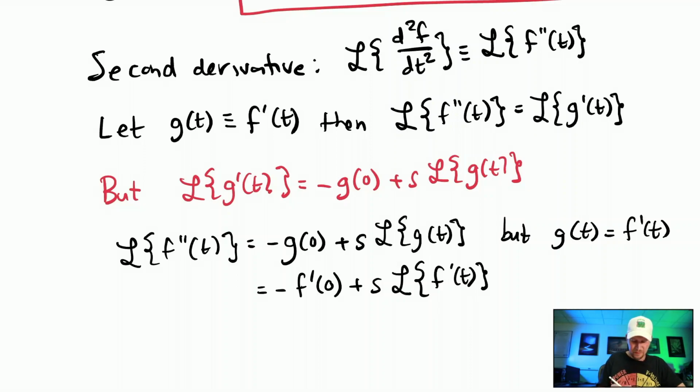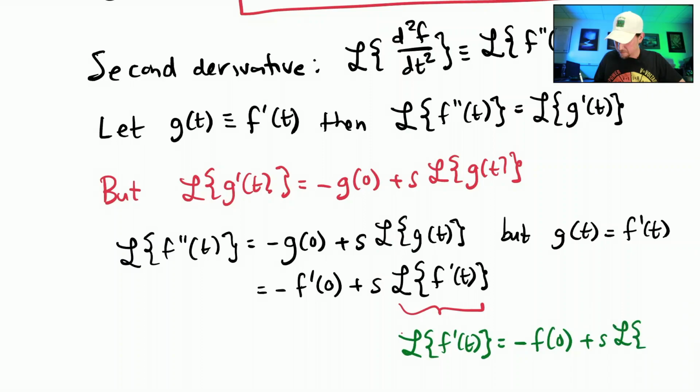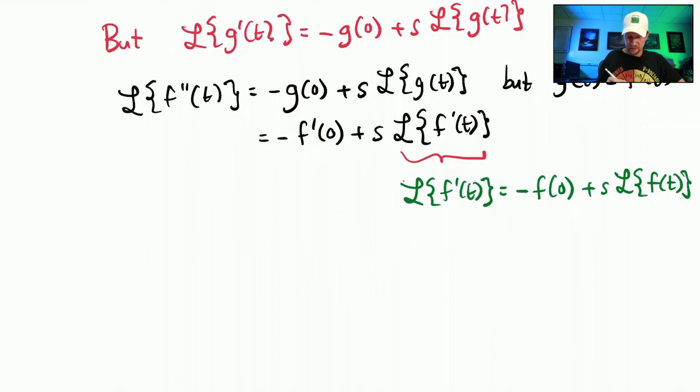And this we can write down too, based on what we previously did, right? And let's actually do this in green. The Laplace transform of f prime of t is minus f of 0 plus s, the Laplace transform of f, like this.